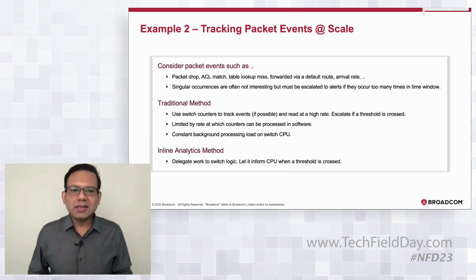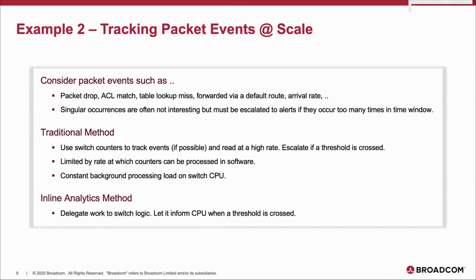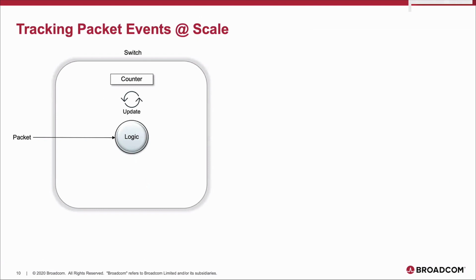So the inline analytics method is that you simply delegate this to the switch logic. Let the switch logic inform the CPU when the threshold is crossed. And we'll look at a specific example here. So you have a switch, a packet arrives, there is some event tracking logic on the switch, and that's updating a counter. Now, typically, the CPU has to poll this counter fast enough to know when it exceeded a threshold.